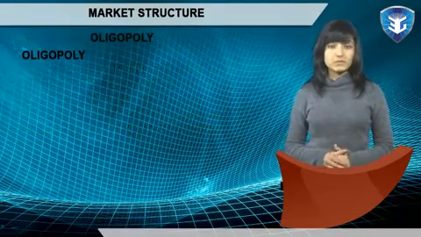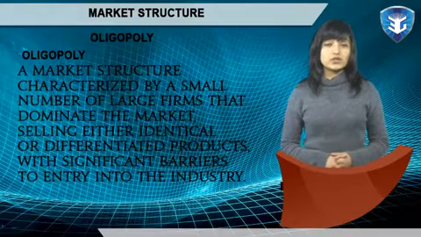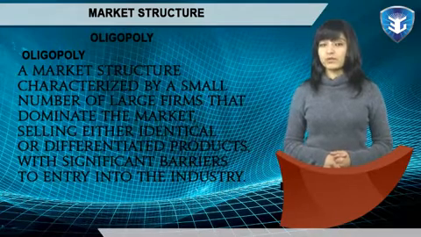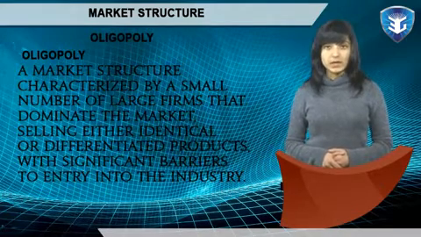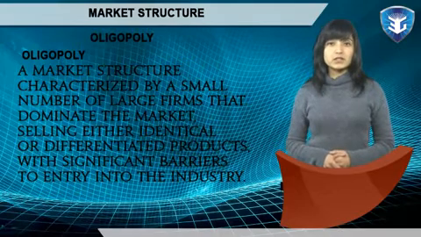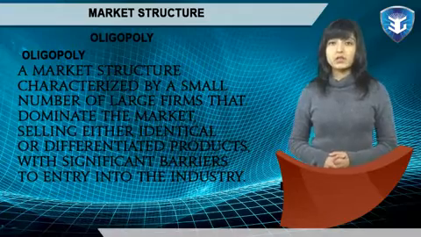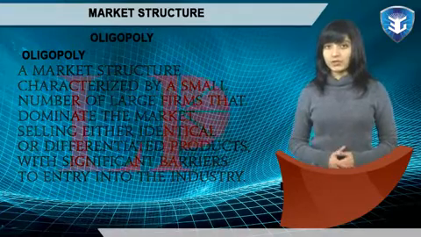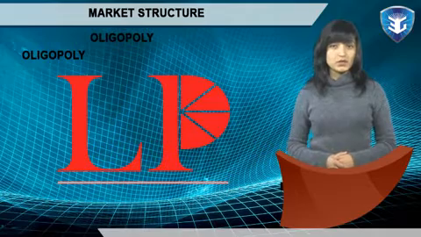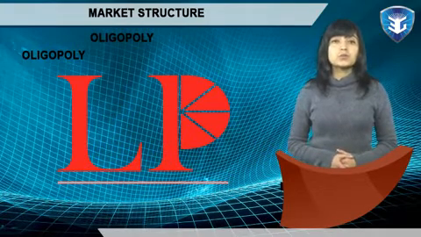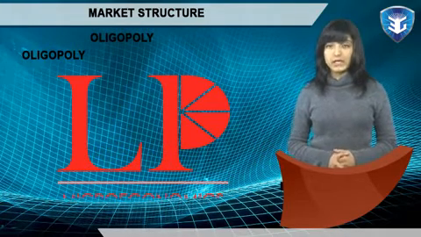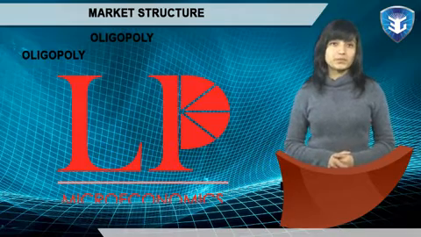Oligopoly. A market structure characterized by a small number of large firms that dominate the market, selling either identical or differentiated products with significant barriers to entry into the industry. This is one of the four basic market structures. The other three are perfect competition, monopoly, and monopolistic competition.